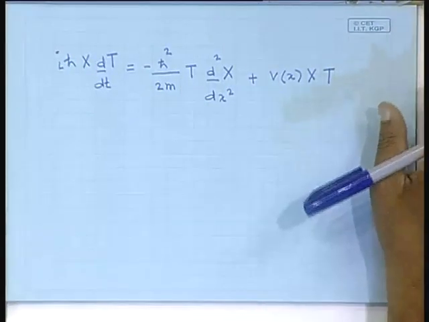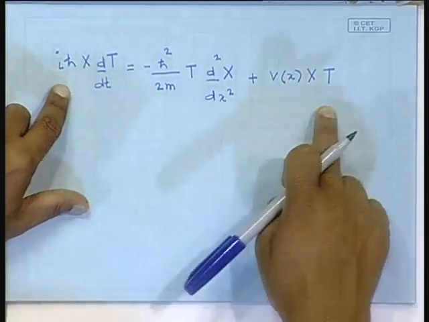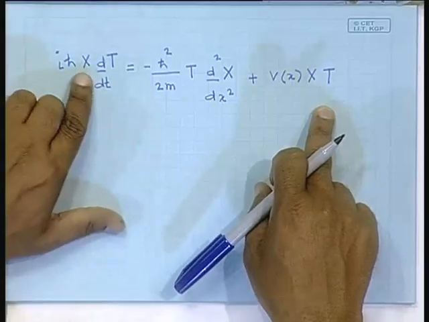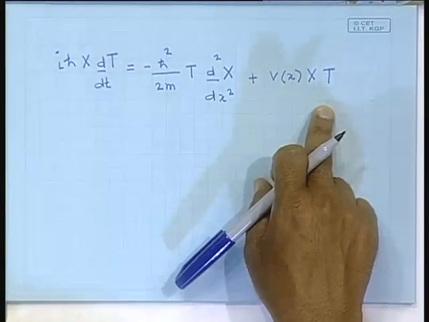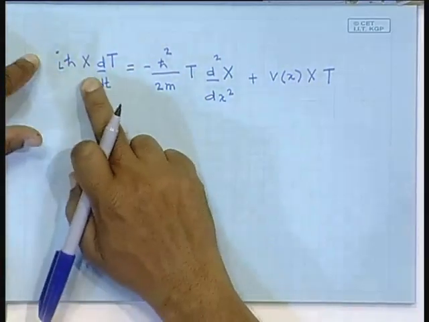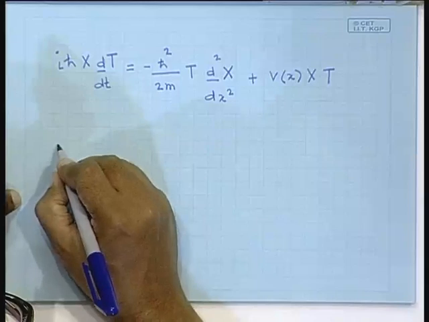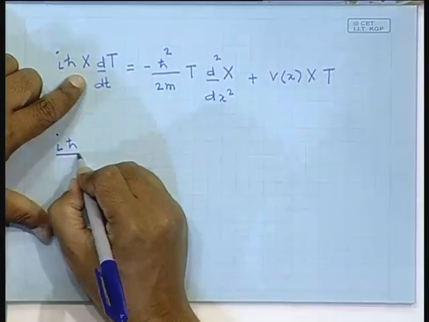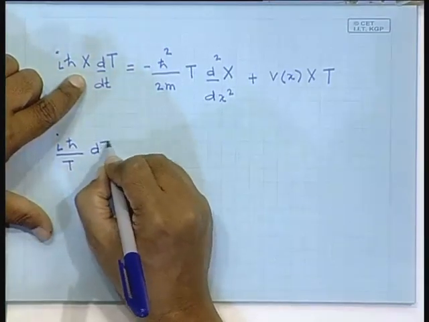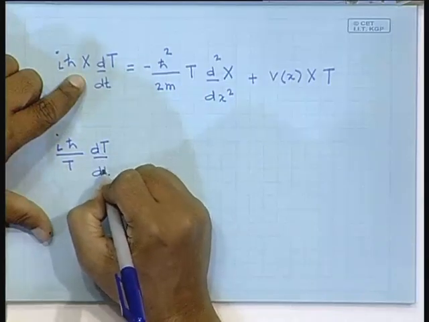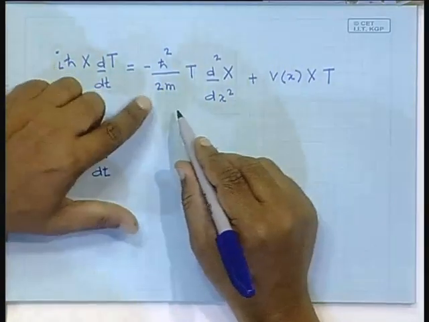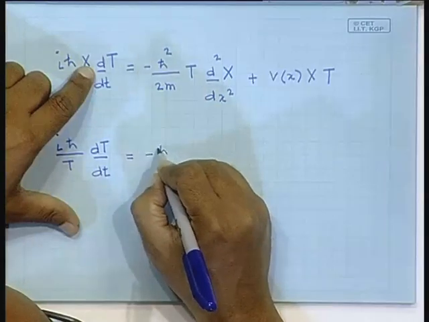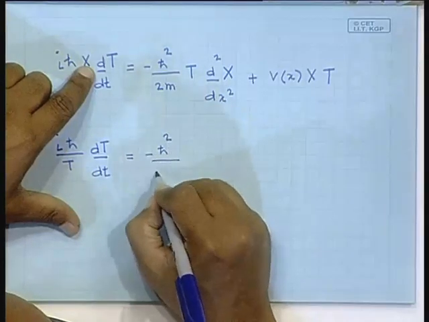Now, what we do, if you remember, we have to divide this complete equation by psi, which is X into T. So, when I divide this term with X into T, X cancels out, and what I have is i h cross, I am dividing it by X and T, so 1 by T remains, d by dt of capital T. If I divide this by capital X into capital T, what I have is minus h cross square by 2m.